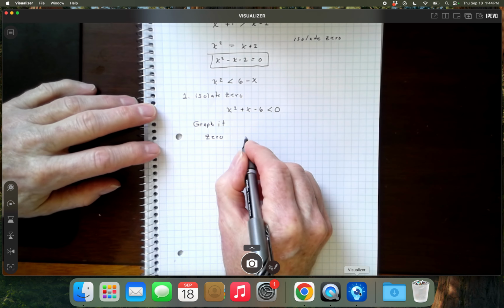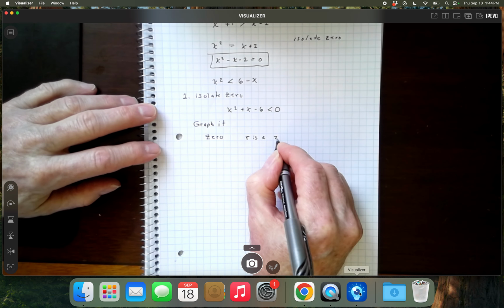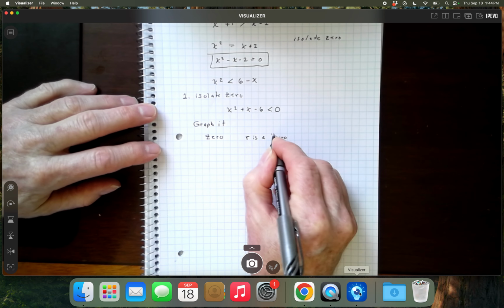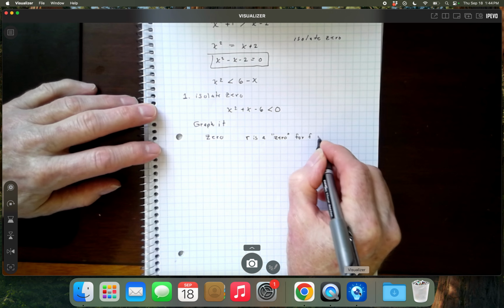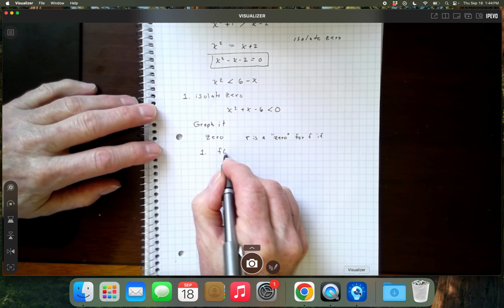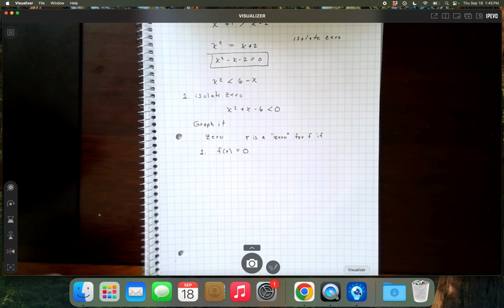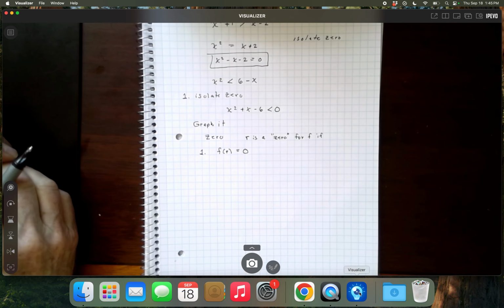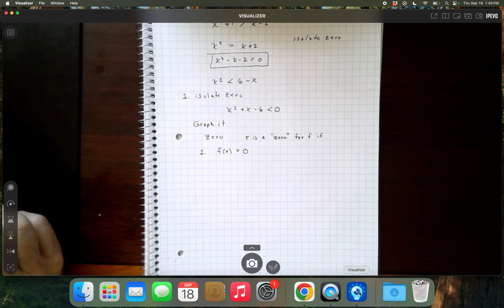Here's a definition. r is a zero for some function f if f of r is equal to 0. That's what we mean by the zero of a function. It's any input that causes the output to be 0.